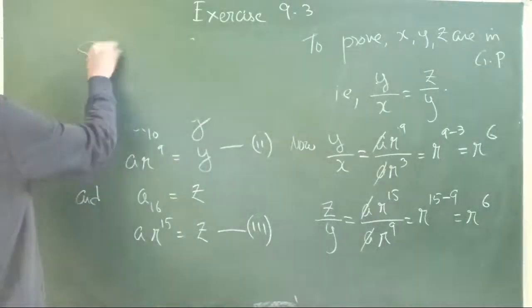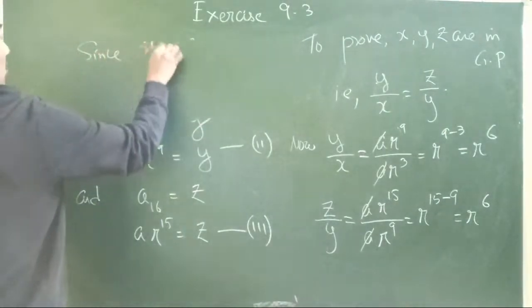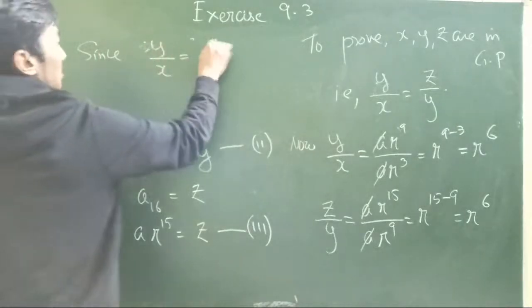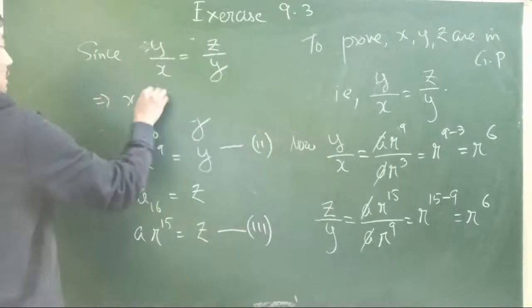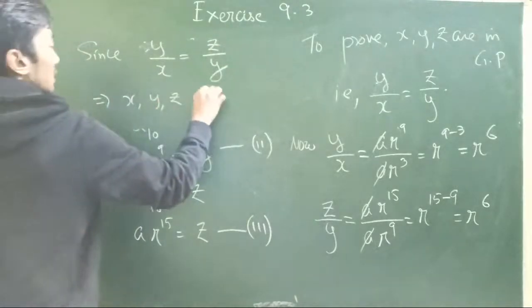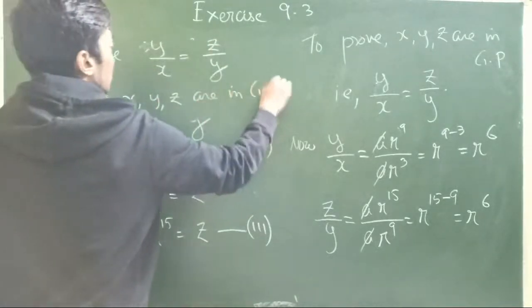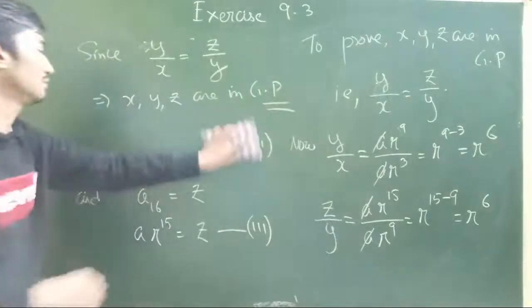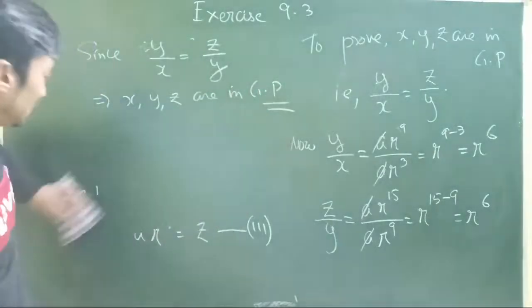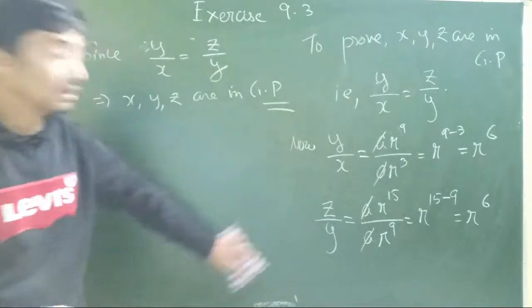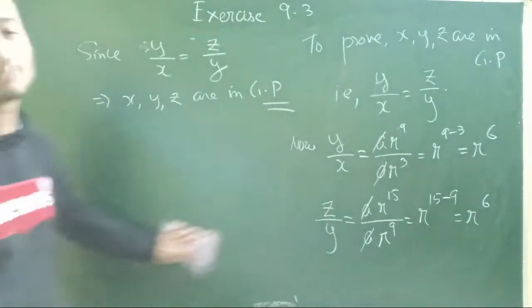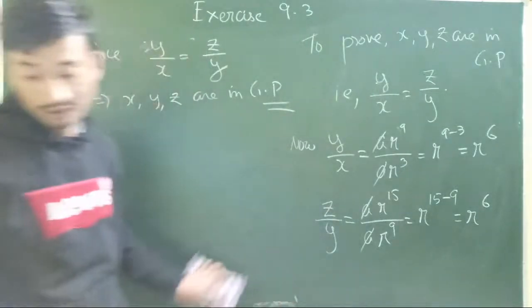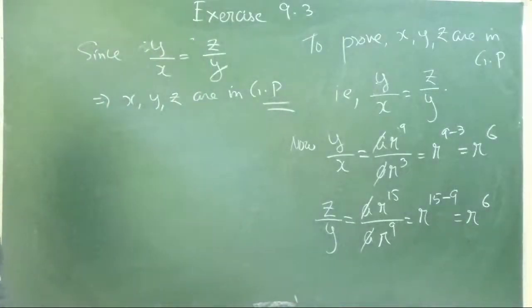So since y by x is equal to z by y, it implies x, y, z are in geometric progression. You can do it in many ways. Let's keep things simple. The fewer formulas to remember, the better for us. Presence of mind, I believe, is more important.